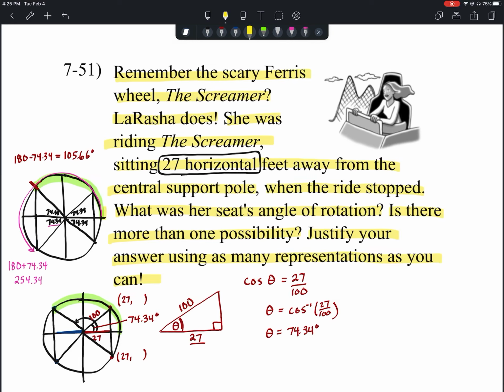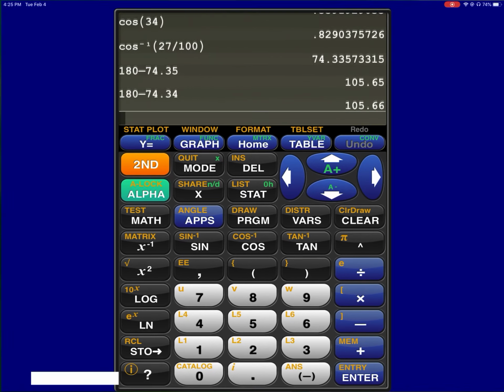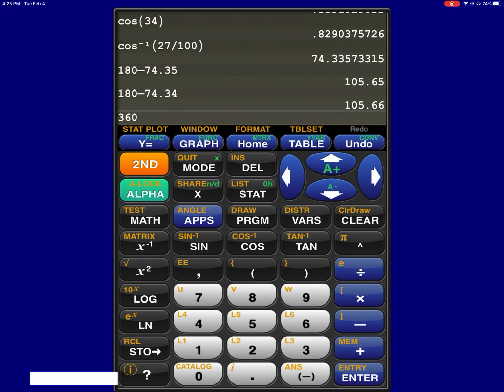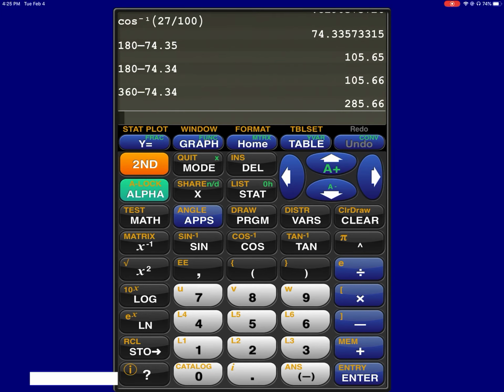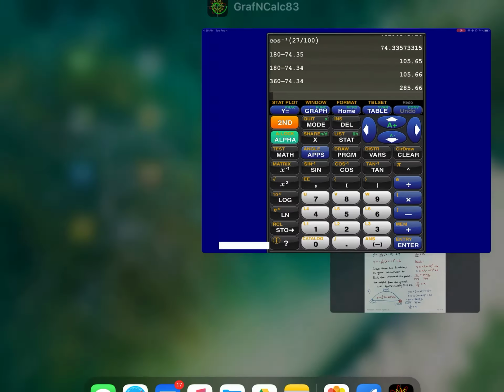And for that last angle, she could have gone all the way around until she got to this point, which is 74.34 degrees away from 360. So we're going to go backwards, 360 minus 74.34. We'll use the calculator for that last one so I don't screw it up. 360 minus 74.34. Enter. We get 285.66.